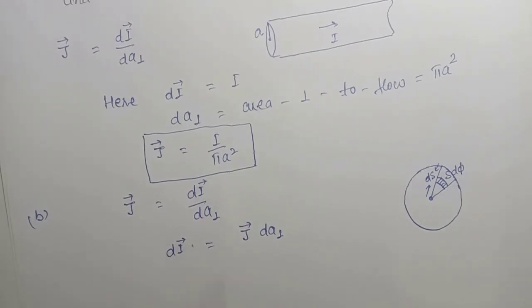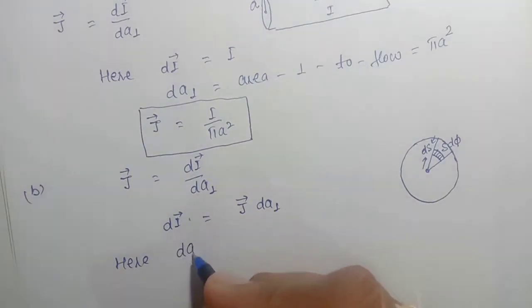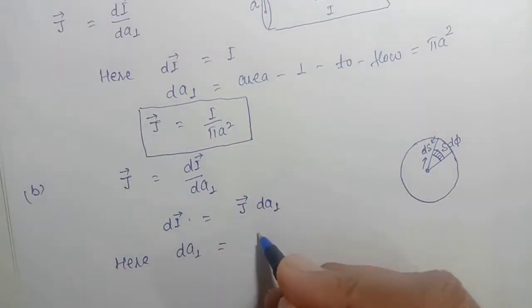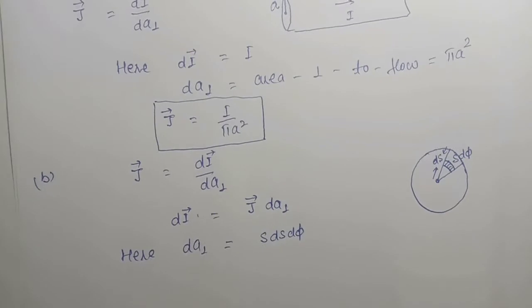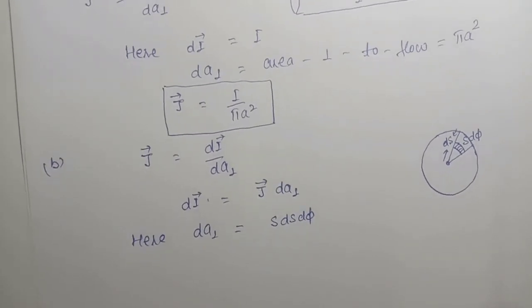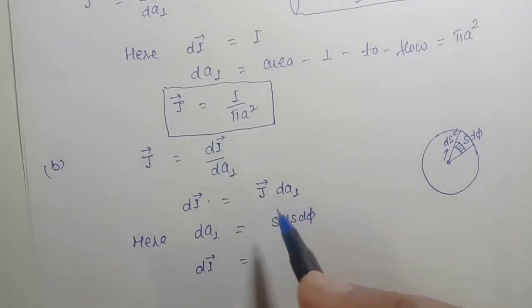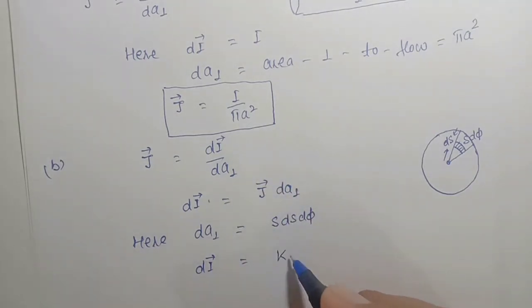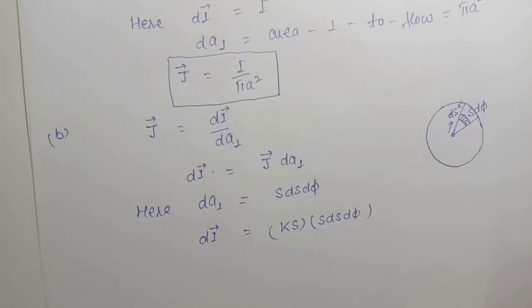So in our problem, dA perpendicular is equal to s ds d phi. Now substitute this value. We get dI equals J, which is ks, times dA perpendicular, which is s ds d phi.